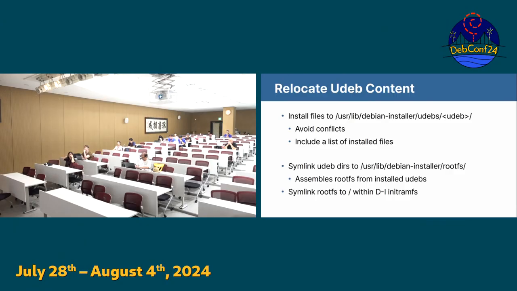We can symbolically link those to a rootfs directory so that installing the udebs themselves assembles a rootfs system for us at a fixed location. And while creating the Debian installer in initramfs, we can symbolically link that directory to the root so that installing udebs installs them inside the Debian installer environment, to the Debian installer root.